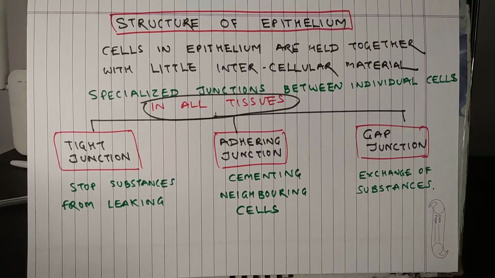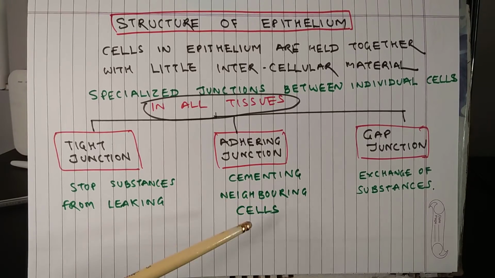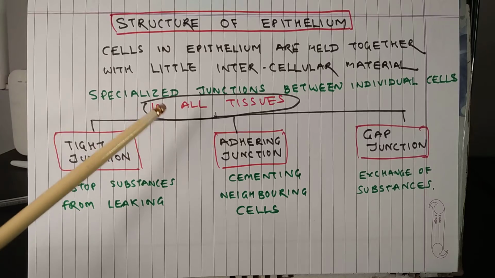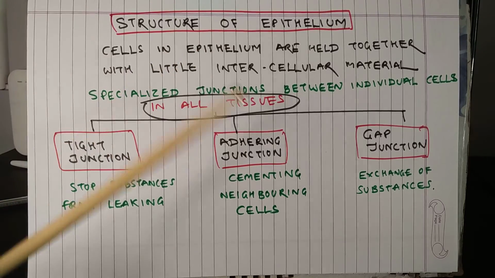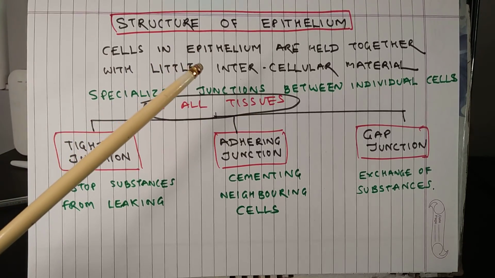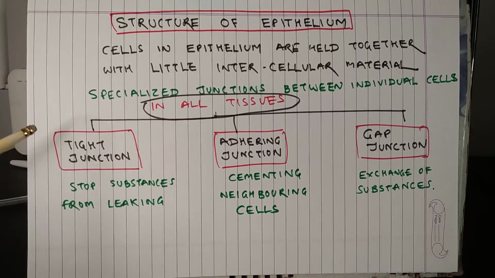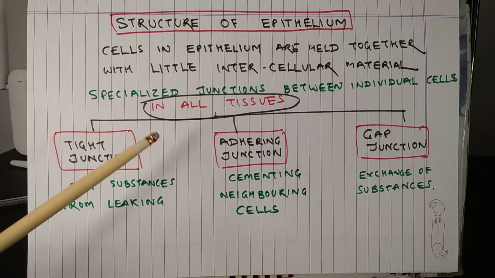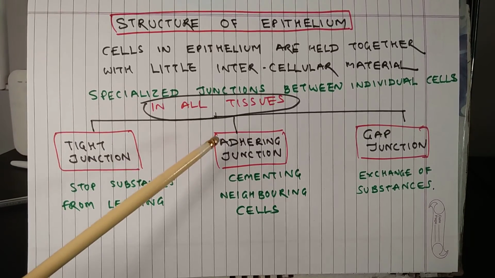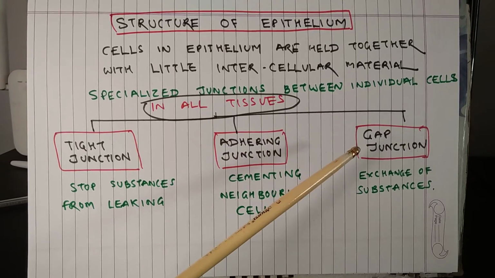Structure of epithelium. The cells in epithelium are held together with little intercellular material. So there are negligible gaps in between the cells. And in all the tissues in animals, there are specialized junctions between individual cells. These junctions are of three types. Number one is tight junction, number two is adhering junction, and number three is gap junction.